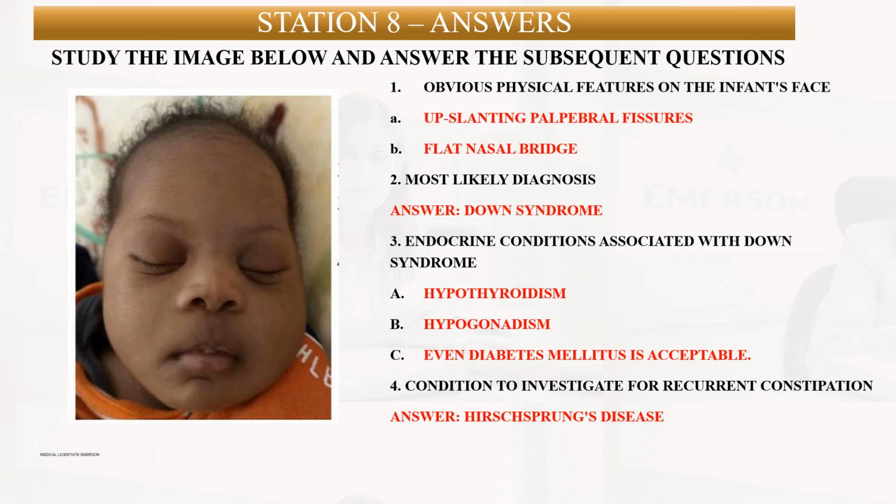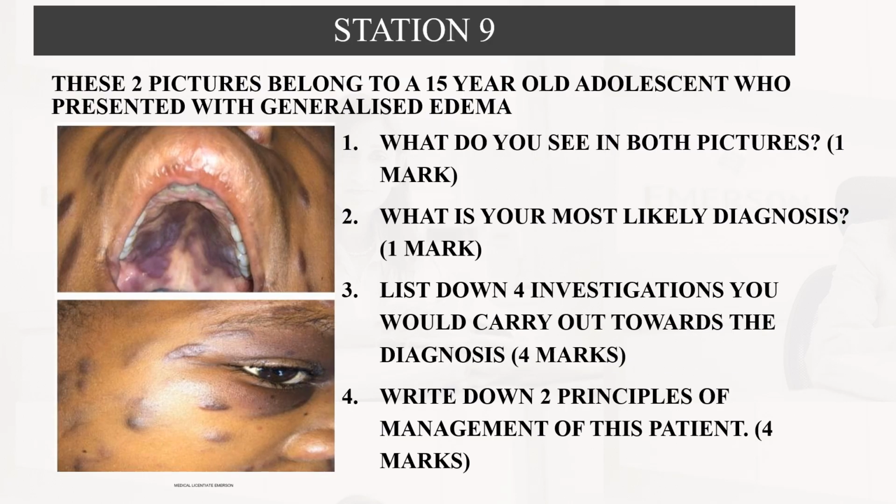Let's go to the last station now. So this OSCE series has 9 stations in total. So this will be our last station, and it reads: these two pictures belong to a 15-year-old adolescent who presented with generalized edema.